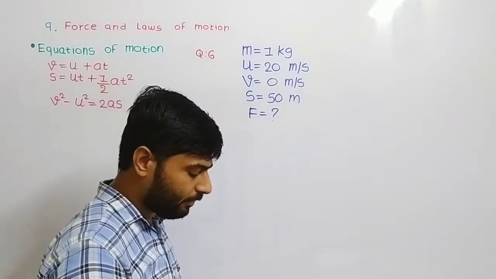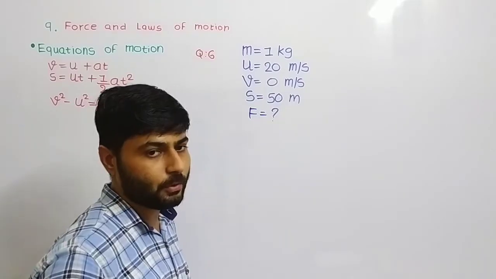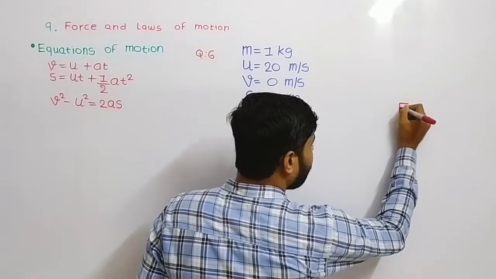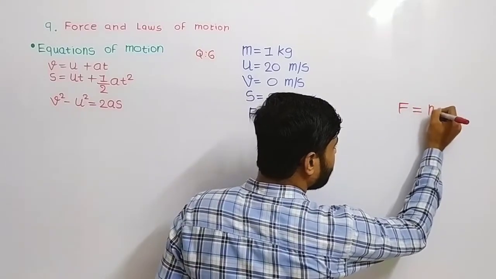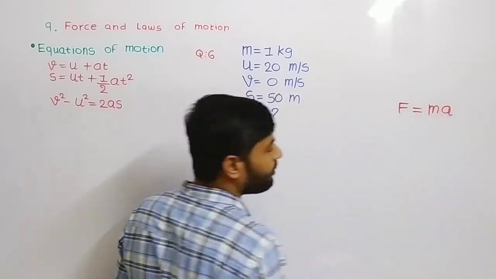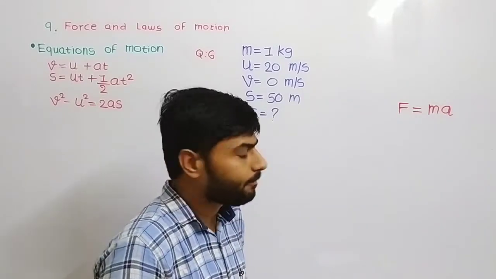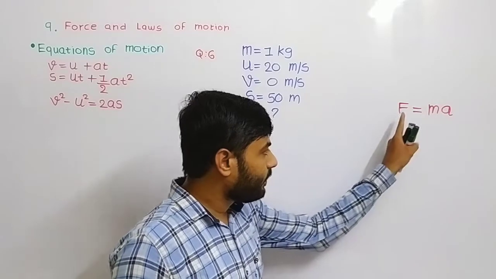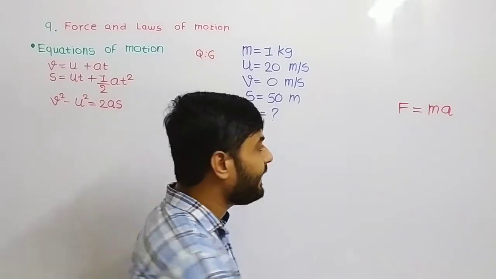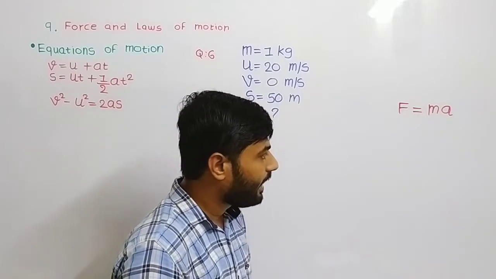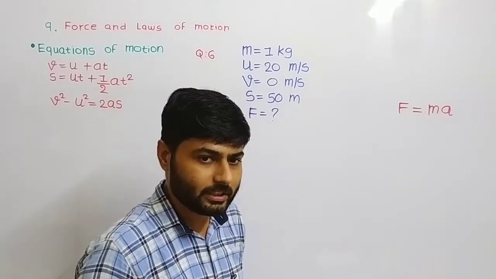What is the formula for force? We have only one formula for force, that is F equals ma. So first of all, we have to think like this. To get force, I need mass and acceleration.